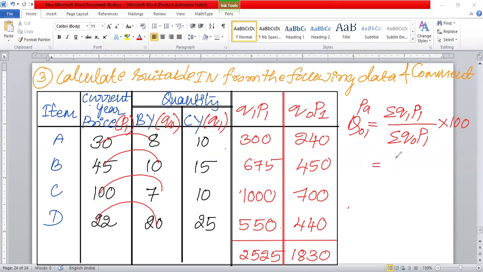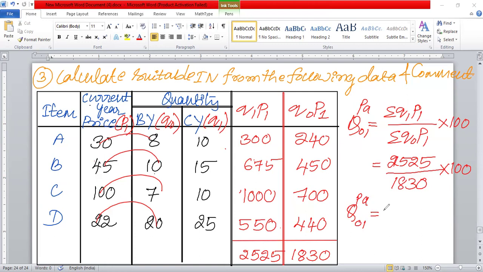So it is equal to 2525 divided by 1830 multiplied by 100. Therefore, Q01 Paasche's is equal to 2525 divided by 1830 into 100.